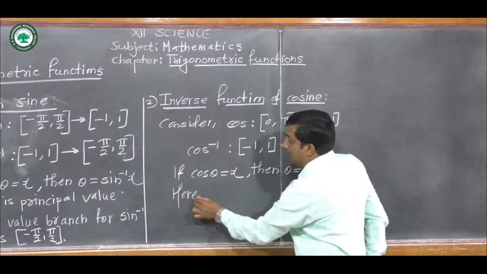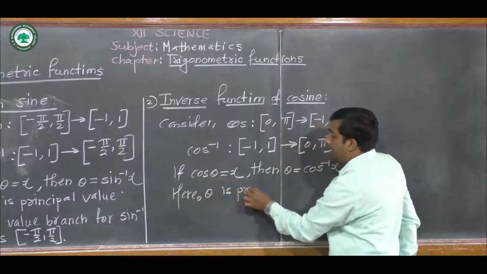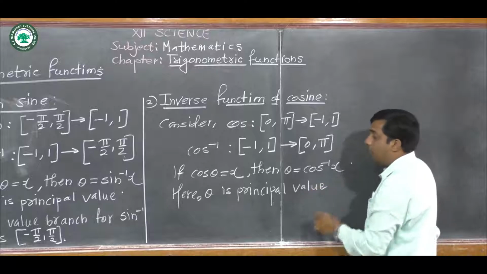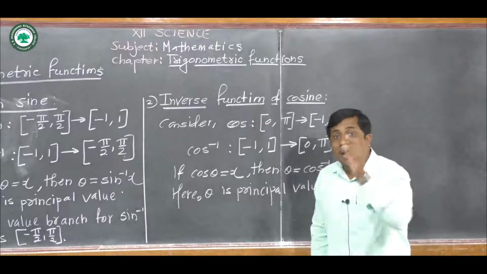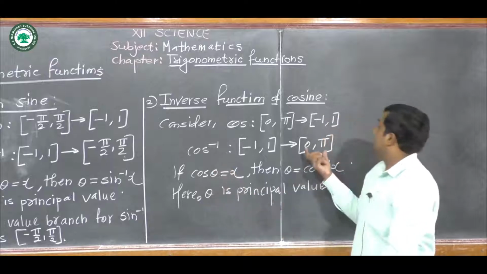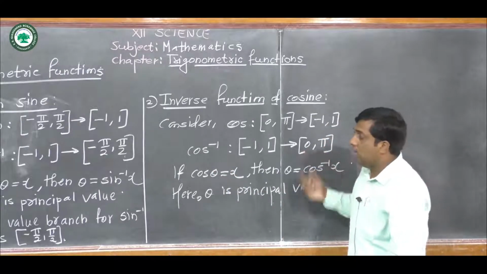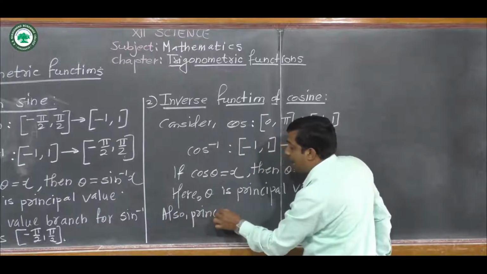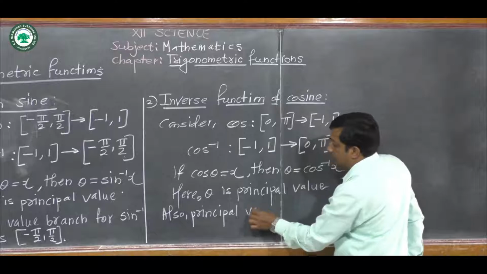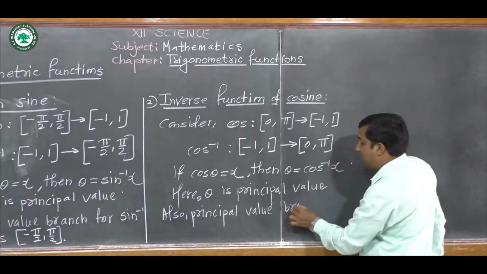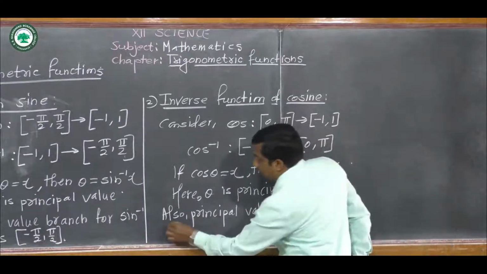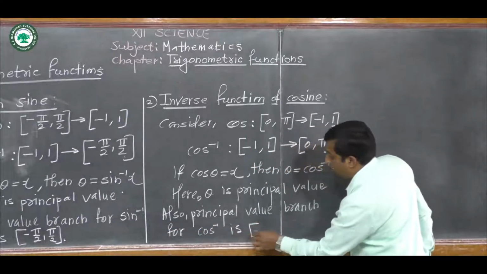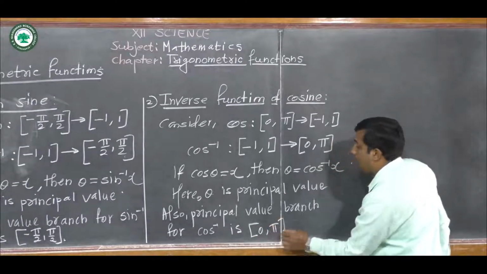The principal value branch for cos inverse is closed interval 0 to pi.